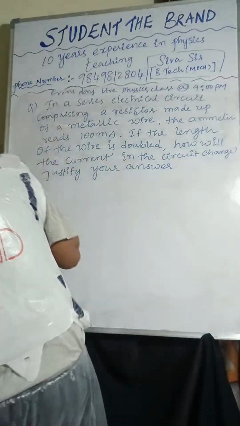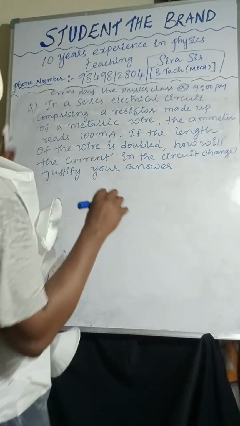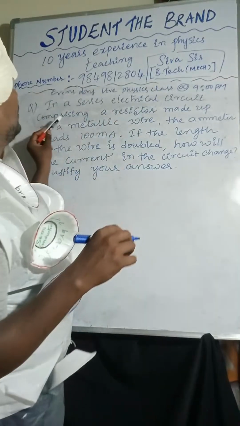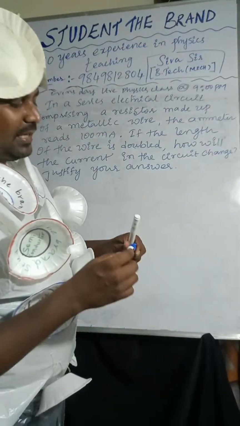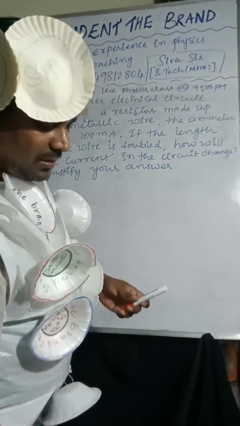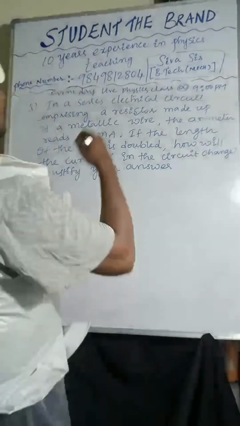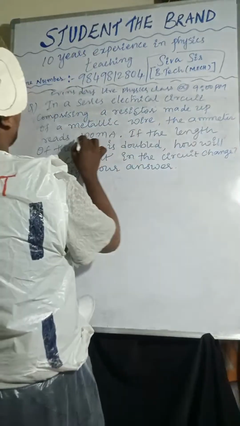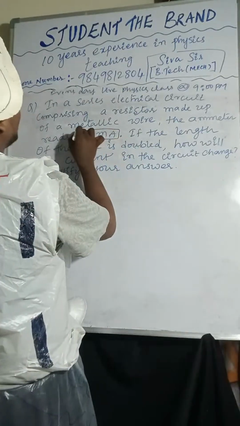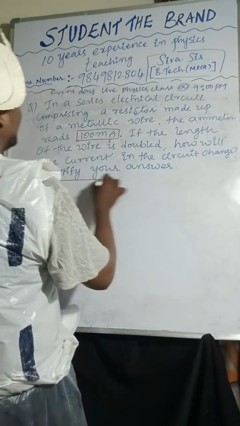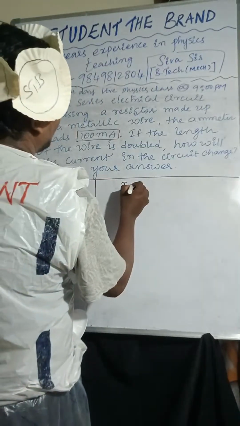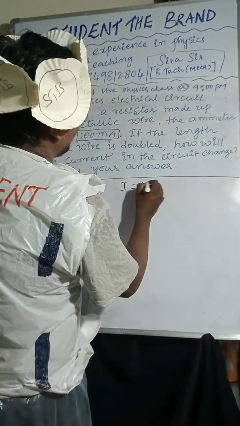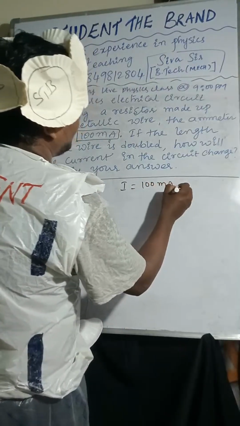So here they are asking: in a series electrical circuit comprising a resistor made up of a metallic wire, the ammeter reads I1 equal to 100 milliampere, which is given.